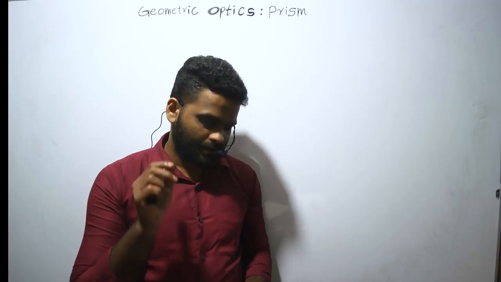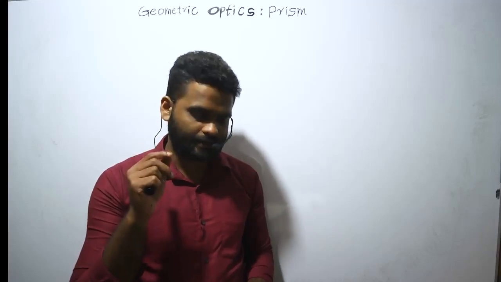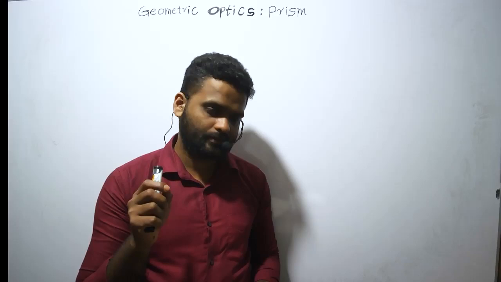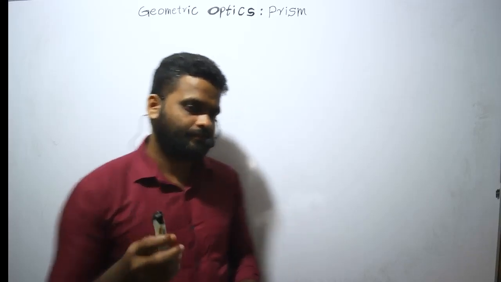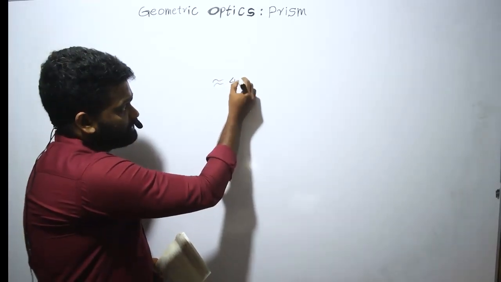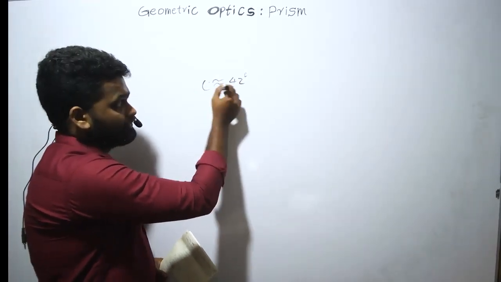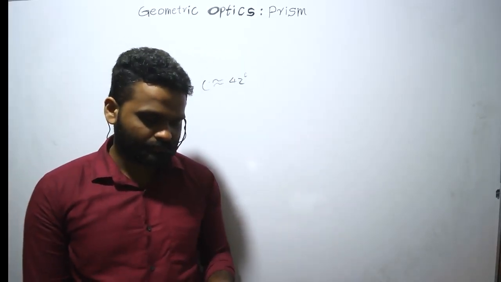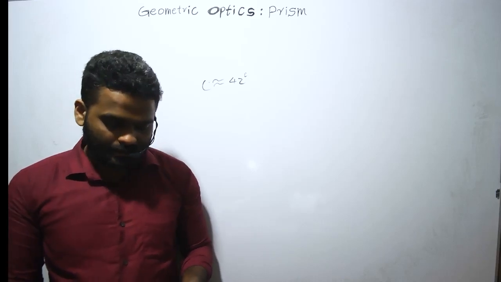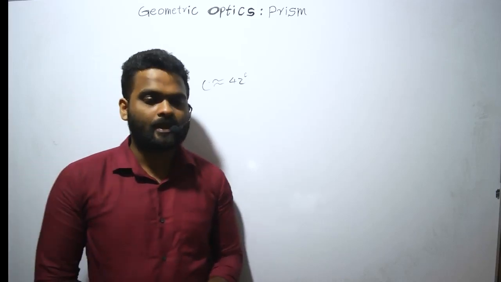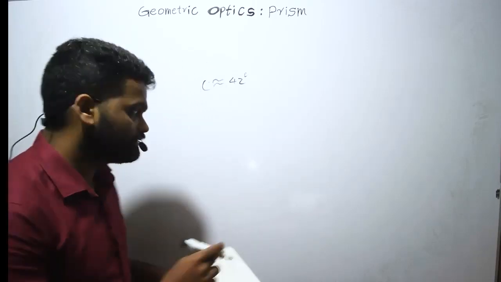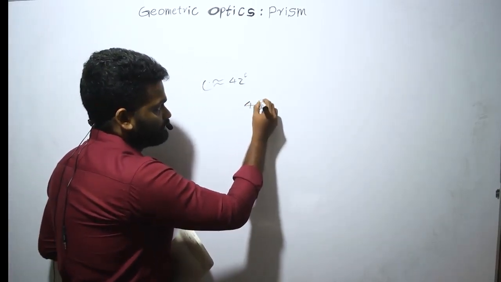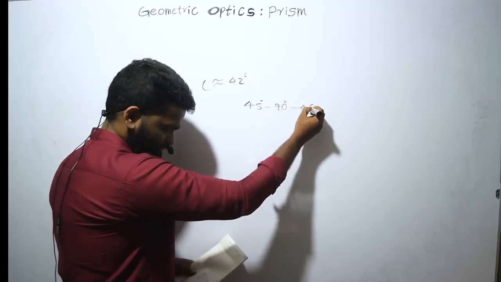Write down, since n equals 1.5, capital C is approximately 42 degrees. Therefore, prisms with 45, 90, 45.